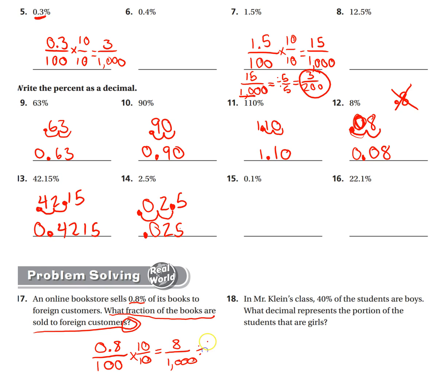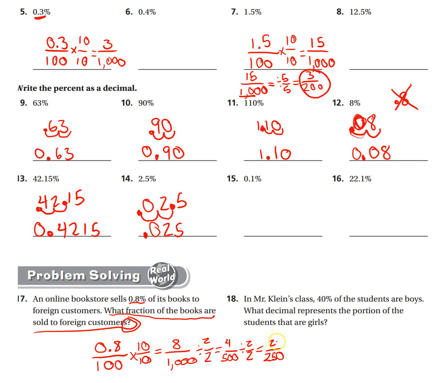And then now I know 2 will go into both of these. So I simplify it. 8 divided by 2 is 4. And half of 1,000 is 500. Oh, I can simplify again, I know, because this number ends in a 2, 4, 6, or 8. And this number ends in a 0, 2, 4, 6, or 8. So I'm going to divide by 2 again. 4 divided by 2 is 2. Half of 500 is 250.